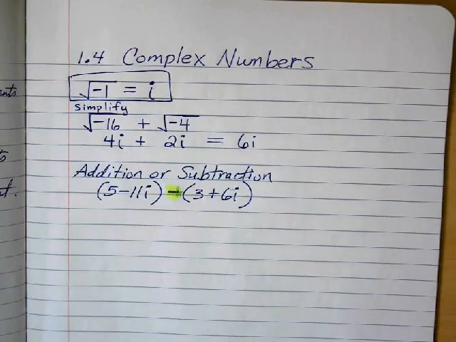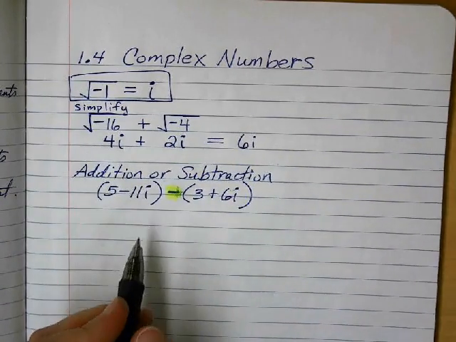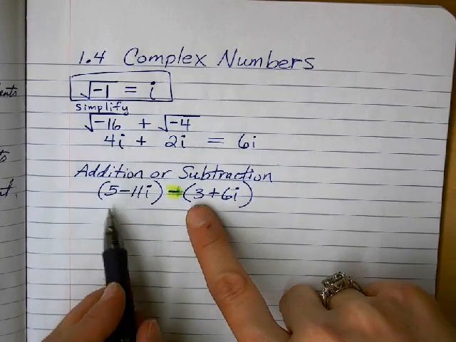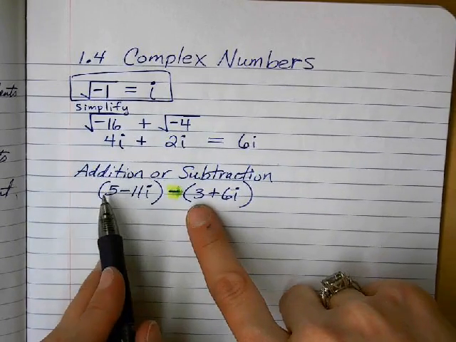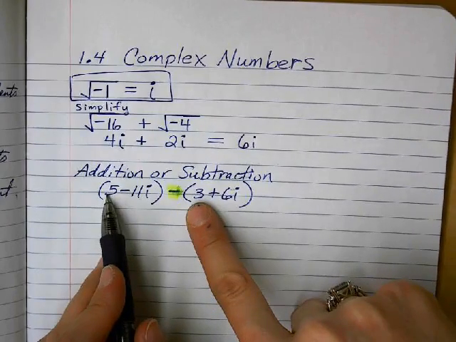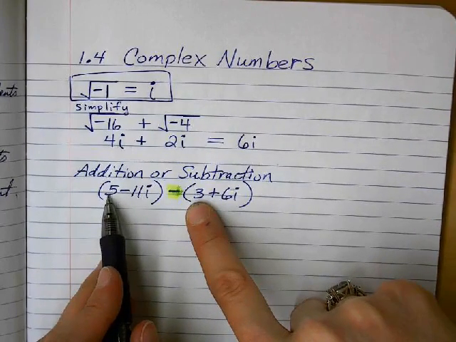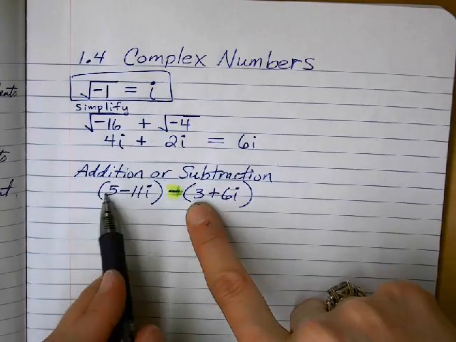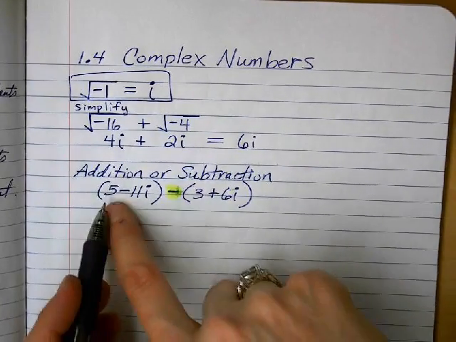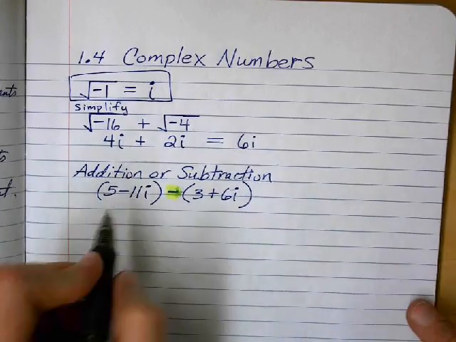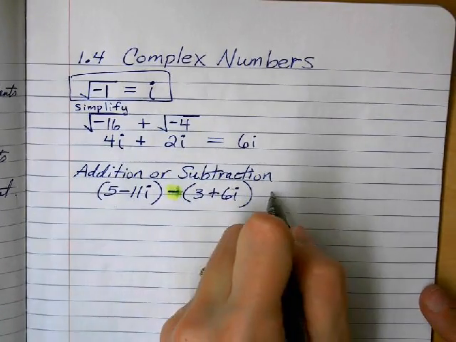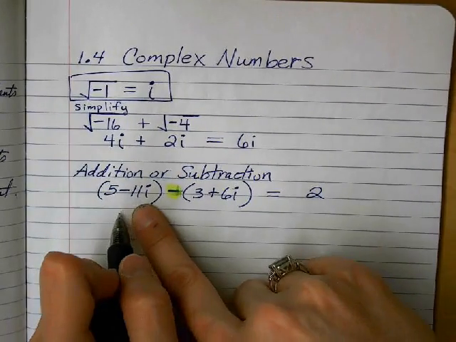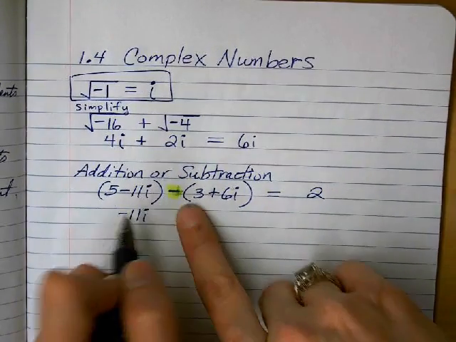So what do you think? There's a plain number 5 over here and a plain number 3 over here. What do you get if you put those together? Yeah, it's minus in the middle, so it's like 5 minus 3. Yep, that's 2. Okay, now this one's negative 11i, and then it has this minus in the middle, and then over here is a 6i.